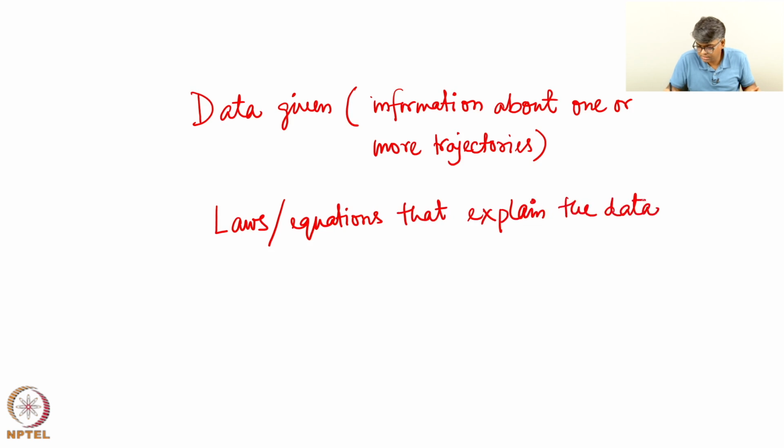Or in other words, this is a phenomenological kind of question. The experimental results are there. What are the equations that explain that data? What are the laws that explain the phenomenon? To give you an example, let's say we have e to the power minus t.